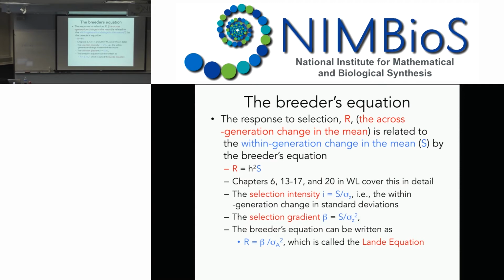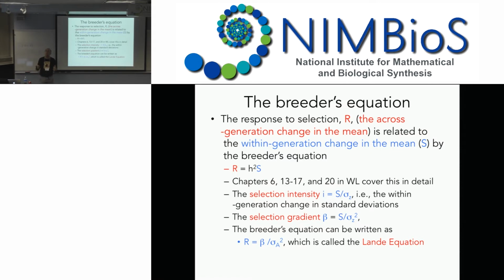One last thing, and then we'll see if there are questions, wrapping up quantitative genetics, is we want to talk about how traits actually respond over time. And the classic expression is due to J. Lush, 1937, called the breeder's equation. It simply says, what's the evolution? What's the change?